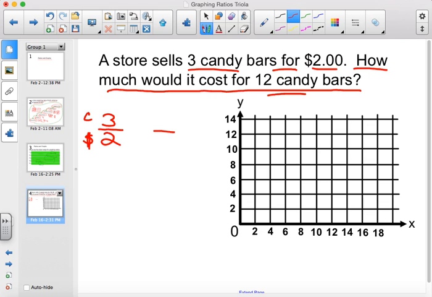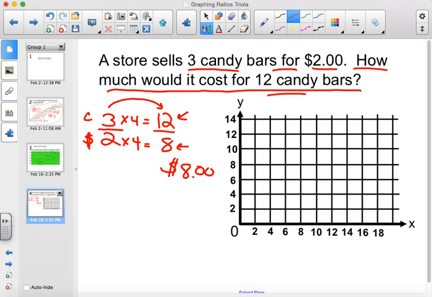And we could, of course, say, well, here is our target ratio or our target term, the term we want to reach. So if we want to go from 3 to 12, we would multiply by 4 and multiply the 2 by 4 as well. Okay? So we would get 12 to 8. In other words, the cost for 12 candy bars would be $8.